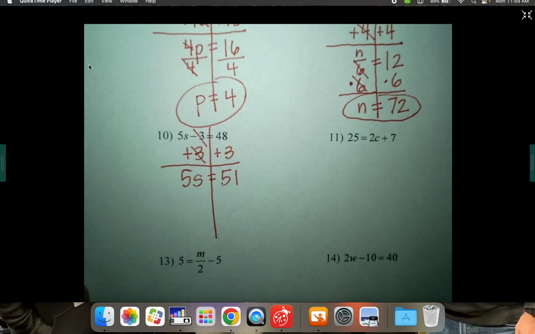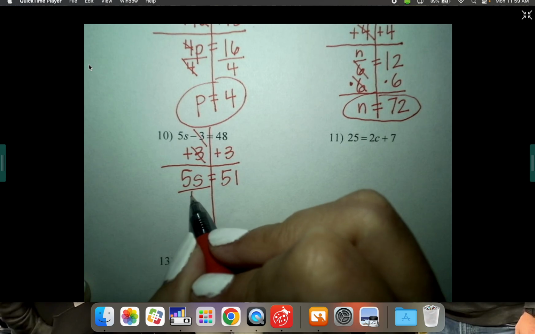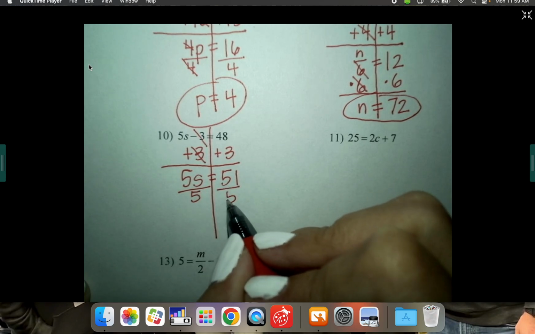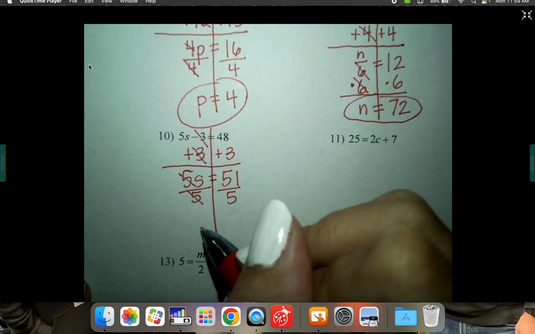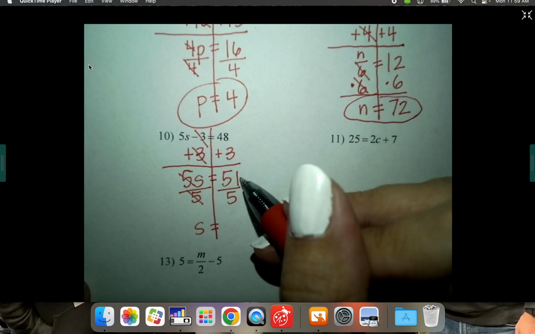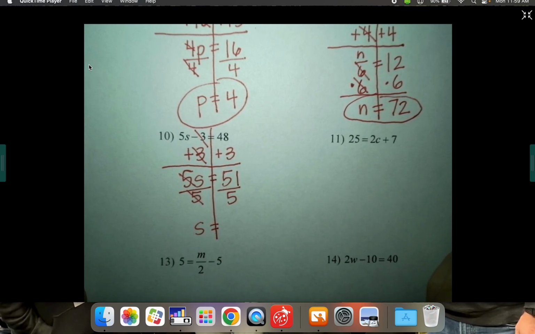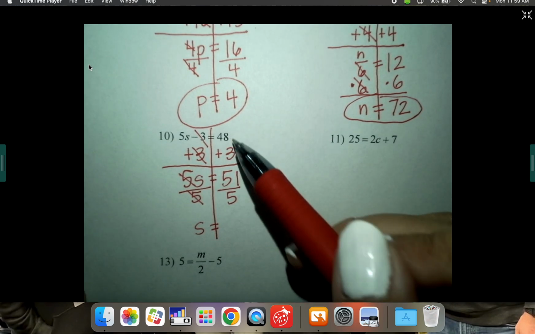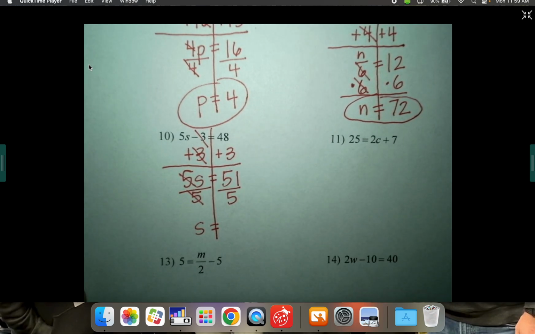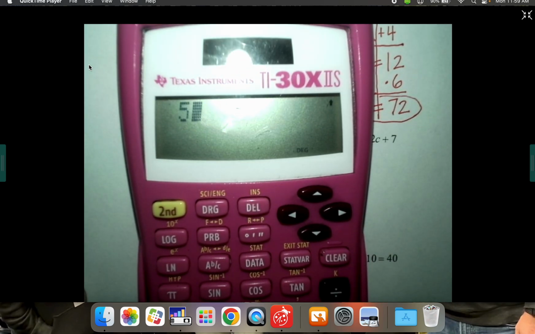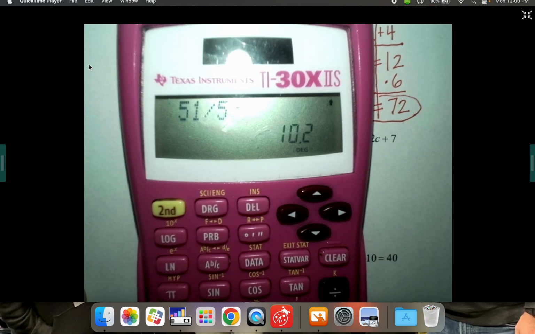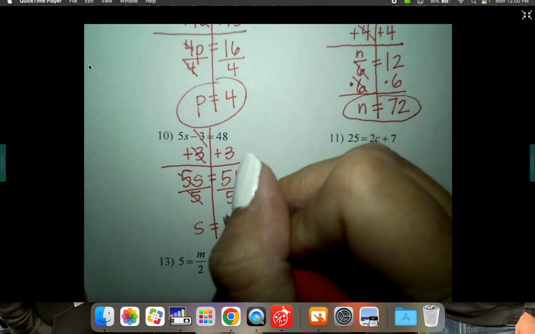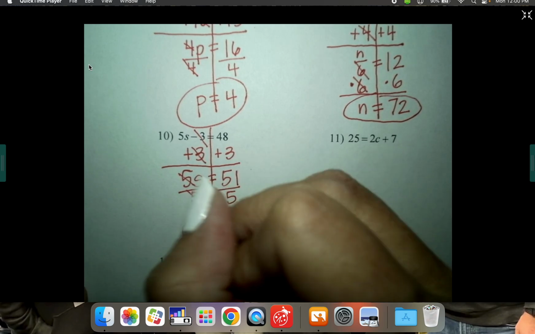S is being multiplied by 5, so therefore we're going to divide by 5 on both sides. That will cancel out. 51 divided by 5, I don't think comes out evenly. Did I do that right? Okay, that's all right. Sometimes we get decimals. 51 divided by 5 is 10.2. So we're just going to leave it. 10.2 is what it is.